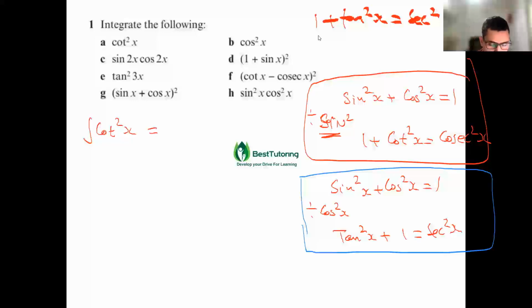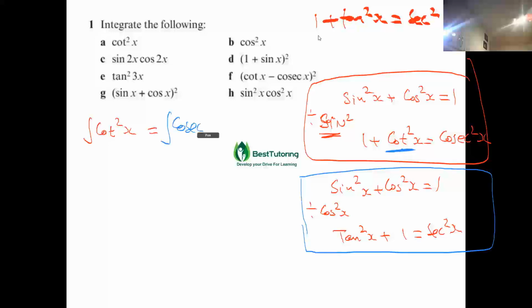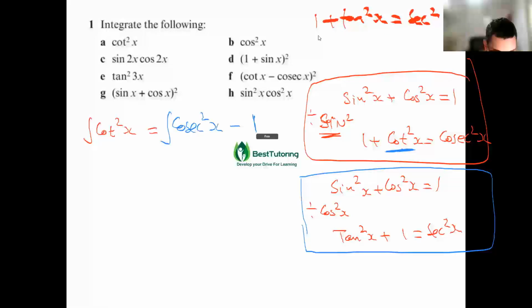Right. So what can we write for cot square x? You want to try, please, for us? What we can rearrange to make cot square x the subject is cosec squared x minus 1. We need to remember the integration of cosec square x.